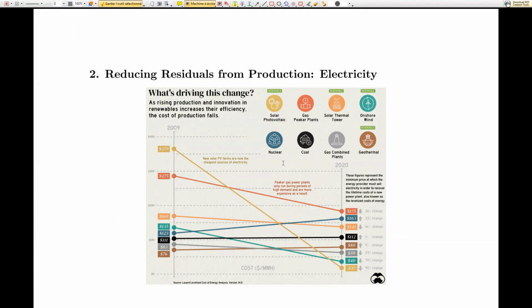For nuclear, you don't need a huge battery either, so you can just adjust the output as much as you need. Same for hydro. Do I have hydropower there? Well, it looks like I don't have it.